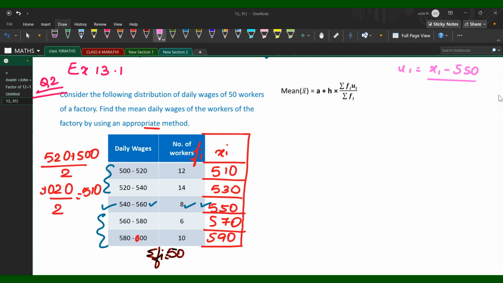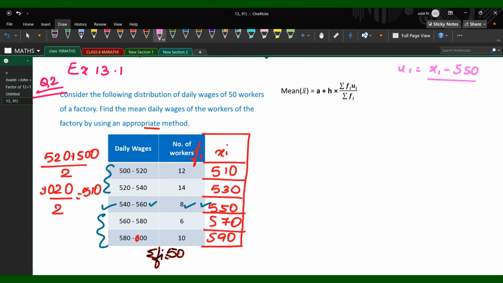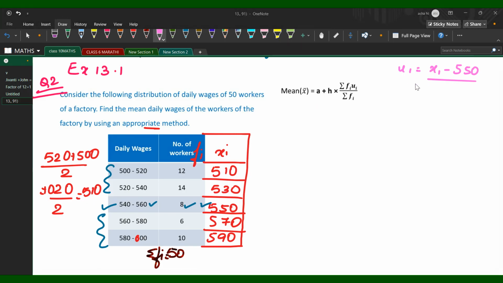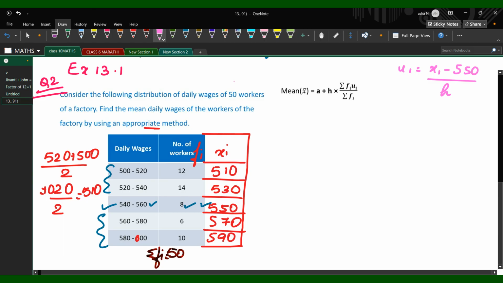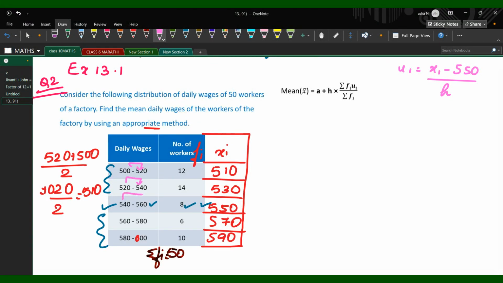This is the assumed mean we have taken, 550. xi we will take as it is from each column, upon h, the class interval. The difference of 20 is there everywhere.